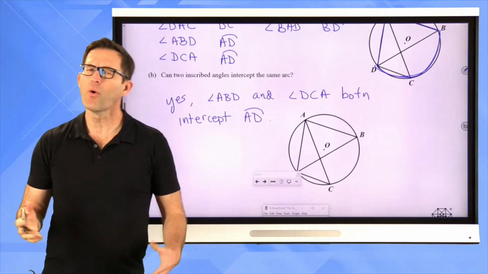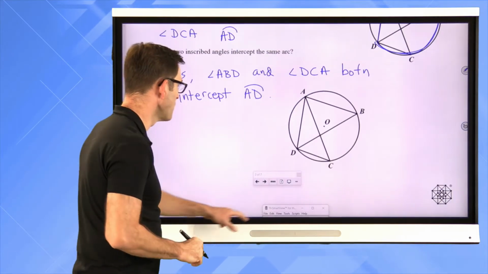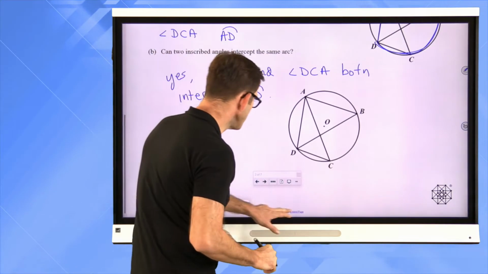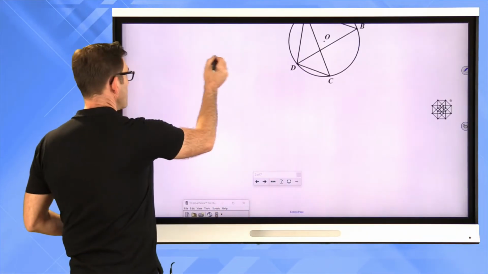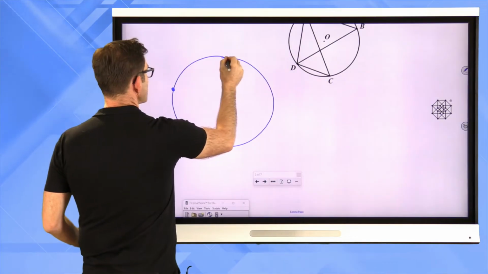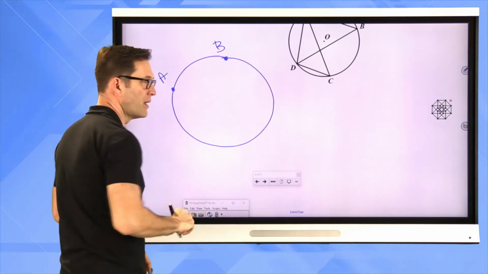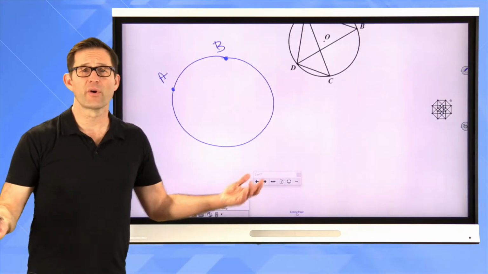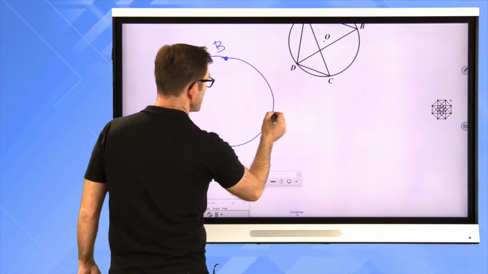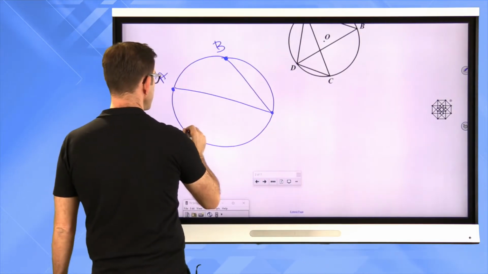But more importantly, it's obvious that you could have multiple ones that intercept the same arc. In fact, if I just extend the page a little bit in free form, if I had some circle like this, and let's say I had some arc AB, I could have a variety of inscribed angles that intercept that. If I had something like this, that would intercept that arc.